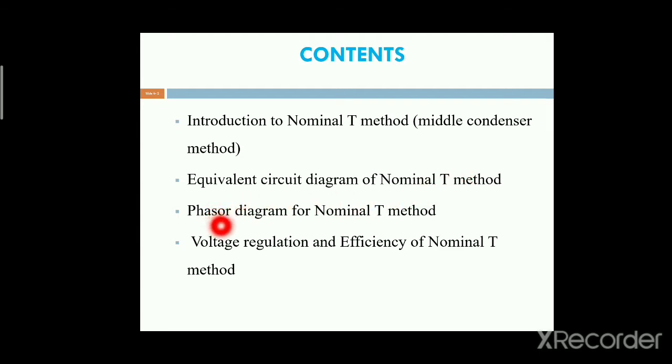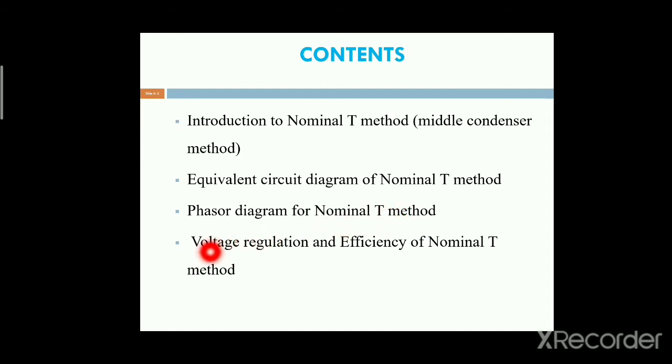Next is the phasor diagram for the nominal T method. How to draw the phasor diagram for this method will be discussed in this topic. In the previous class I also discussed the phasor diagram for the end condenser method, and that was already explained.